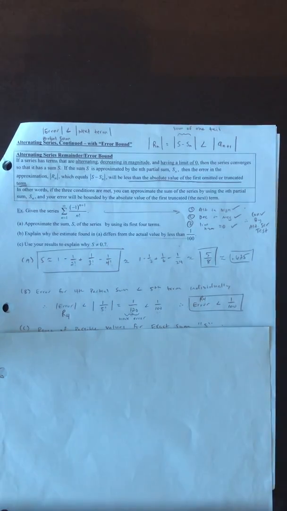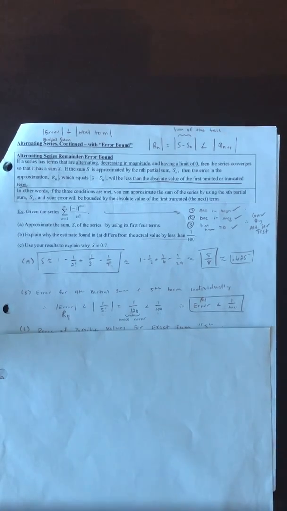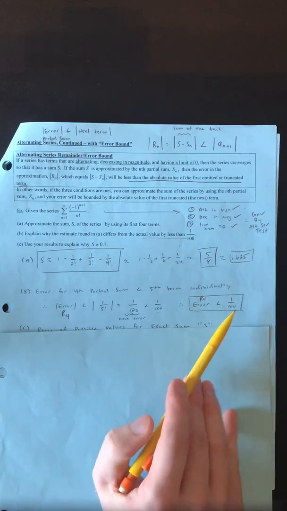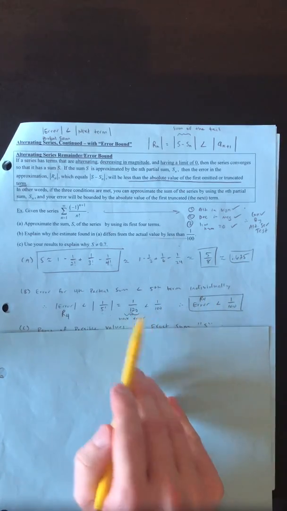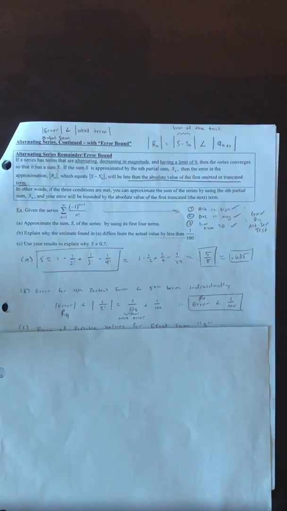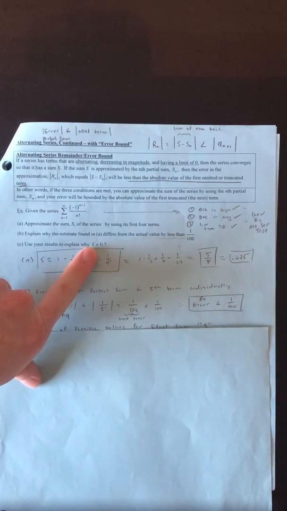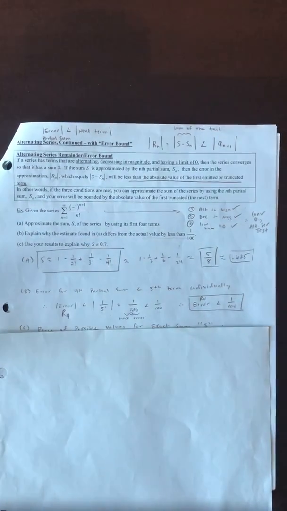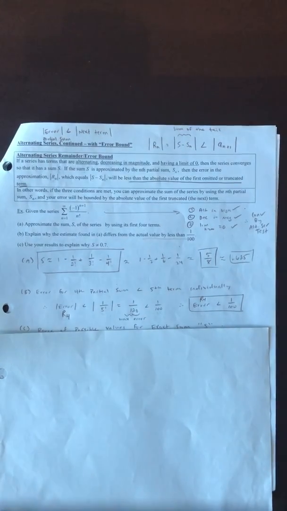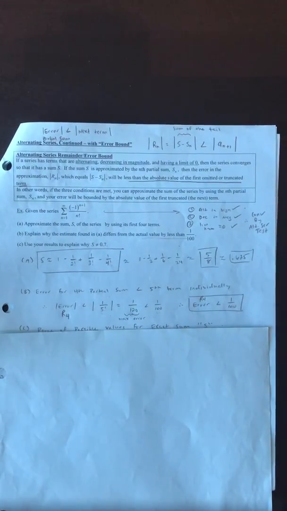Okay, part C, use your results. Remember, I have my approximation, and now I have my max error. Let's use these results to explain why the infinite sum, the true exact value S, can't be 0.7.